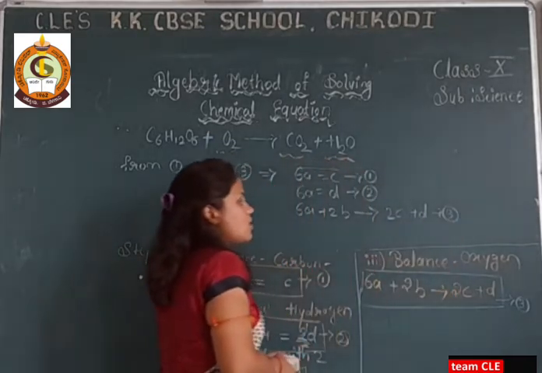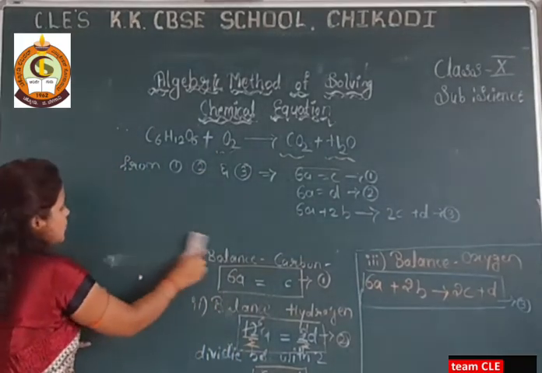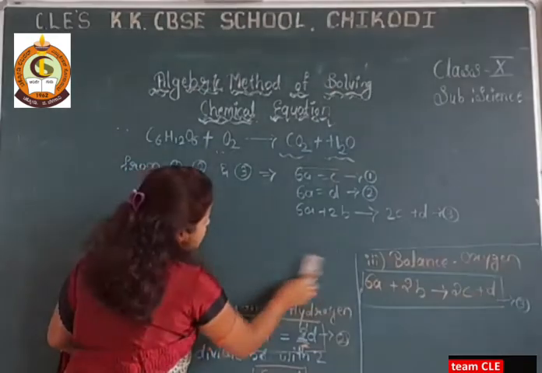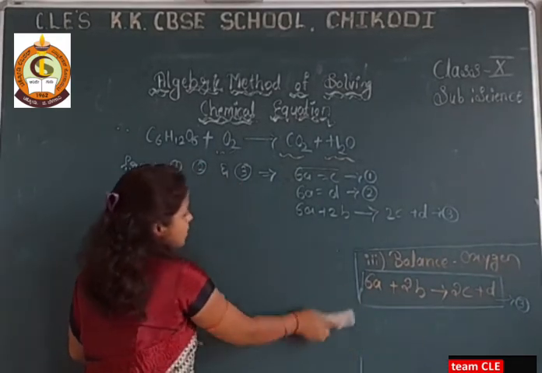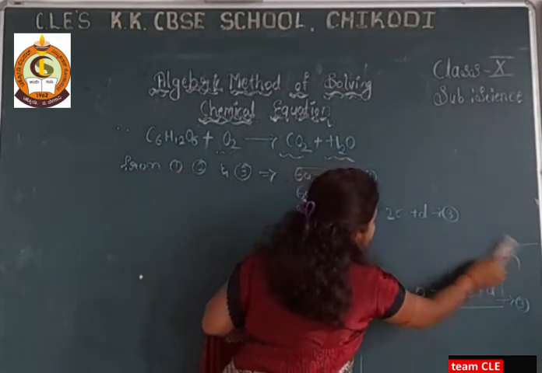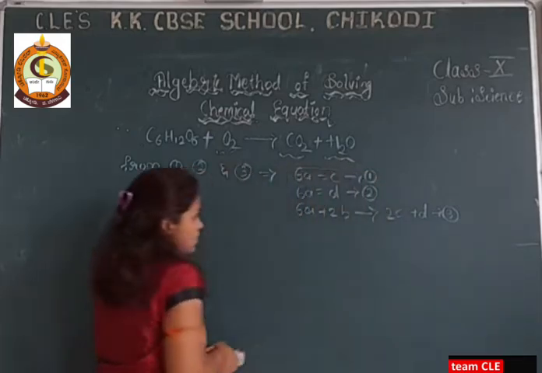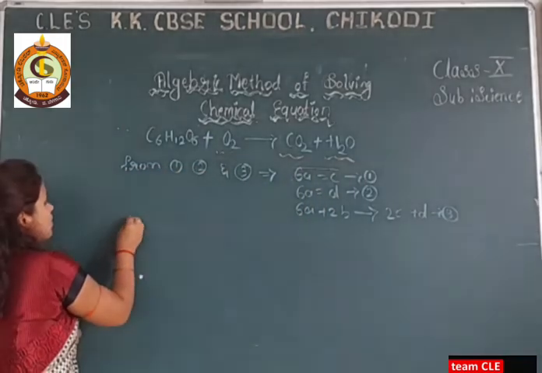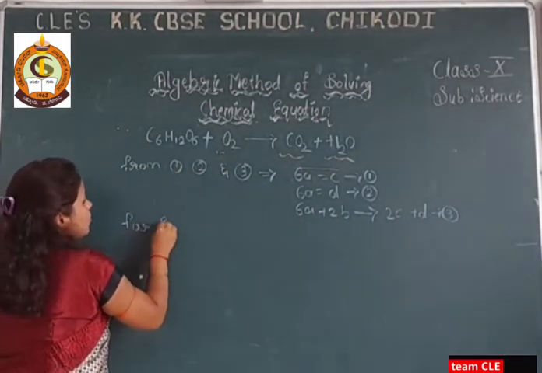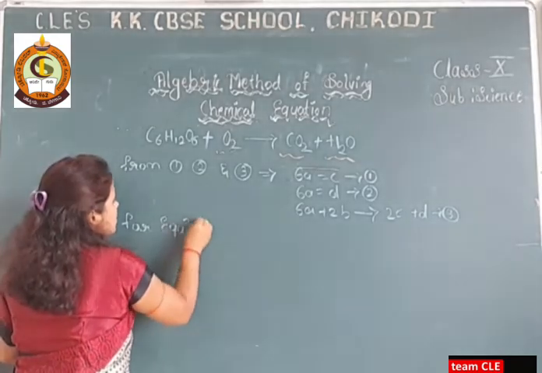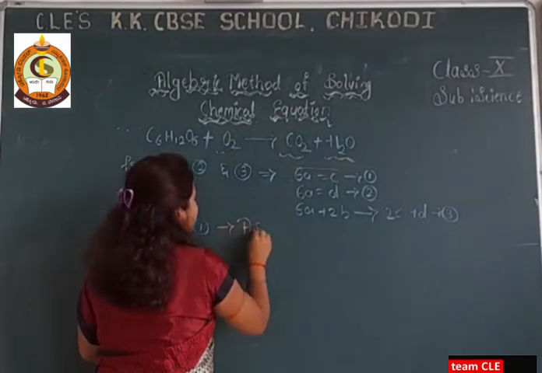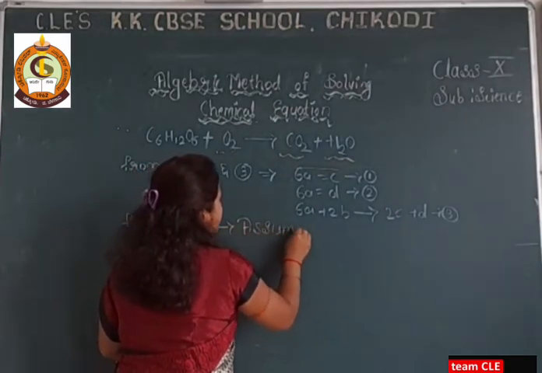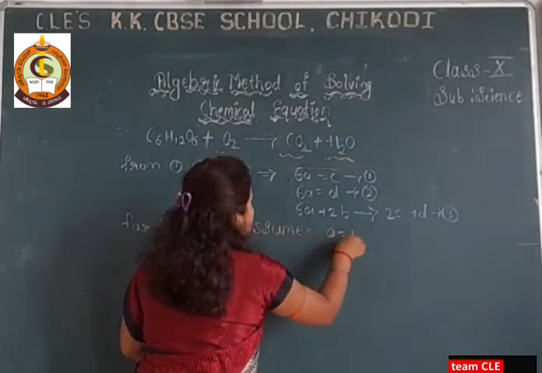So here lots of solutions are there, but we have to go for the minimum possibilities. For solving the first equation, I will assume A is equal to 1. So for equation 1, assume A is equal to 1.